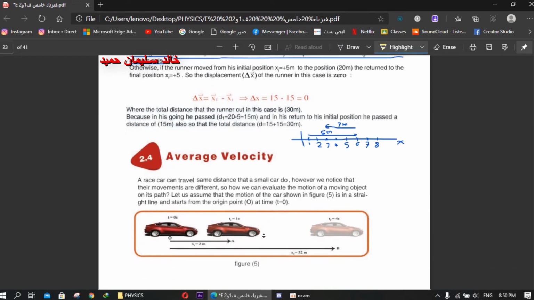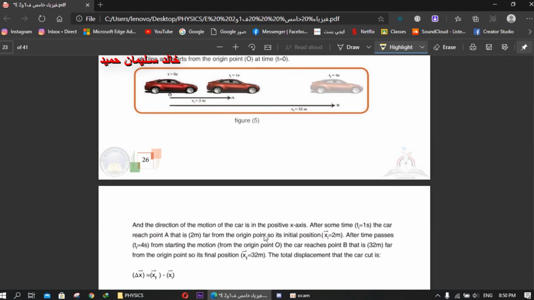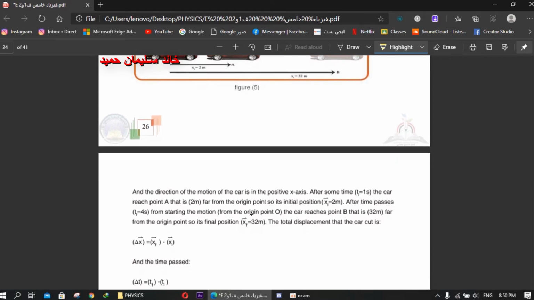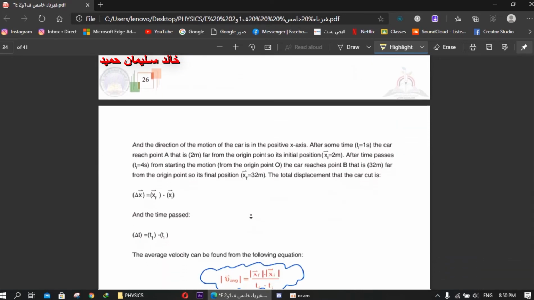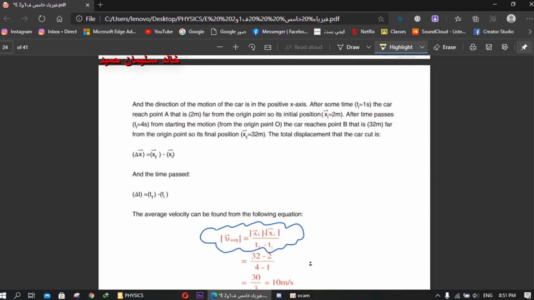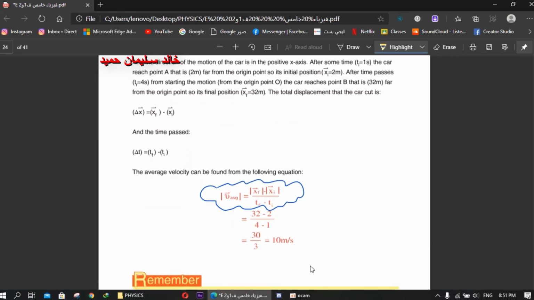Average velocity. To evaluate the motion of a moving object, we can find the average velocity. The average velocity is equal to x final minus x initial, which is the total displacement, over the time interval, which is t final minus t initial.